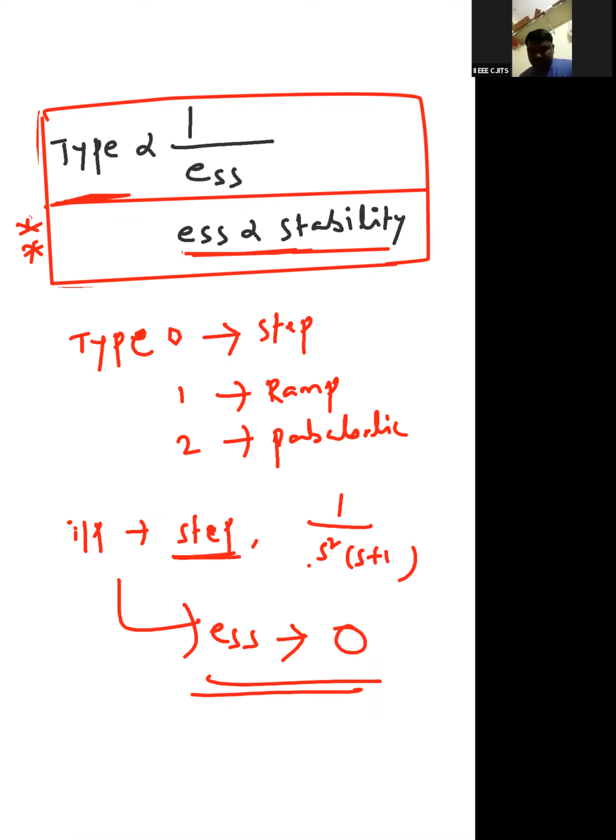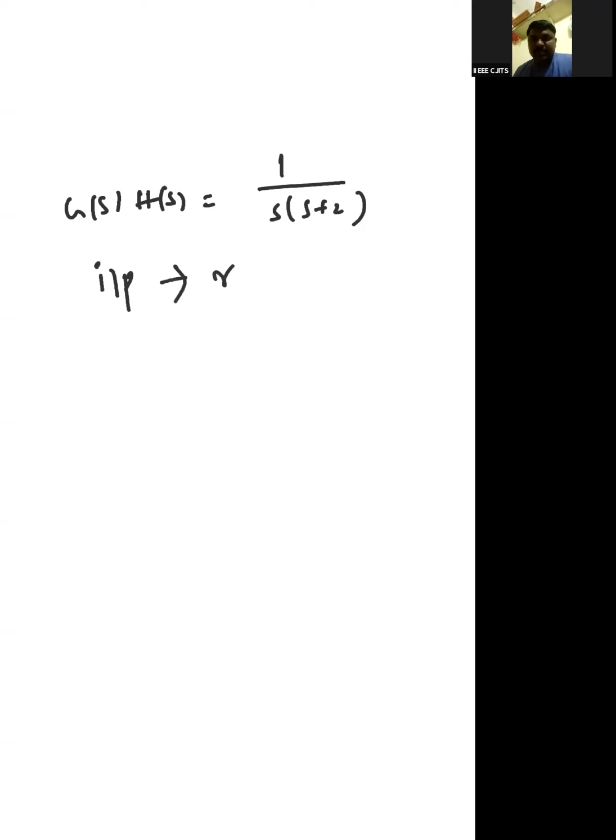Similarly, we discuss like this. If the system is G of s into H of s equal to 1 by s into s plus 2, this is your system, and the input is a ramp input.